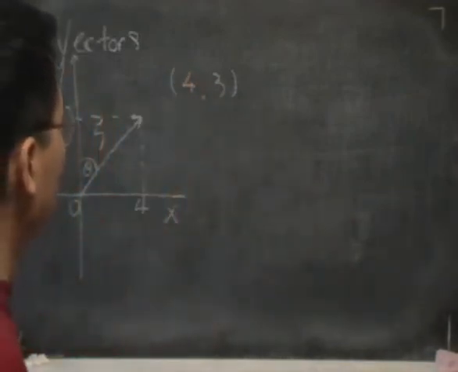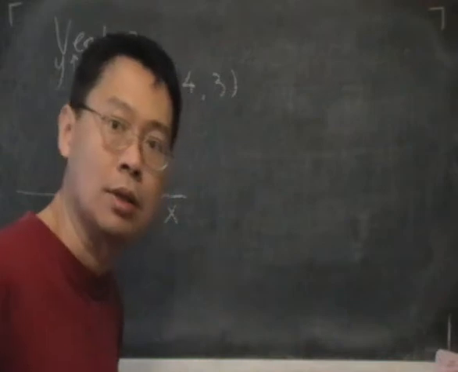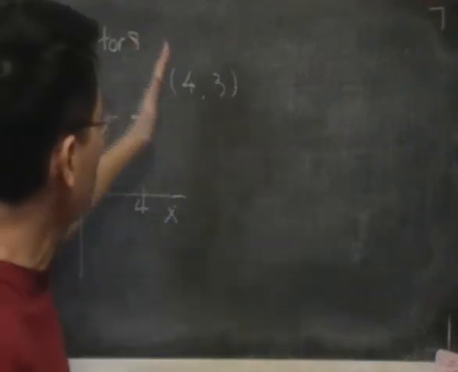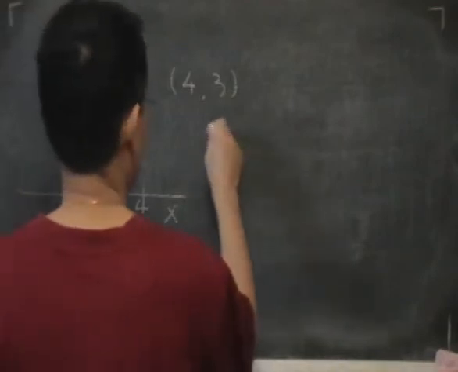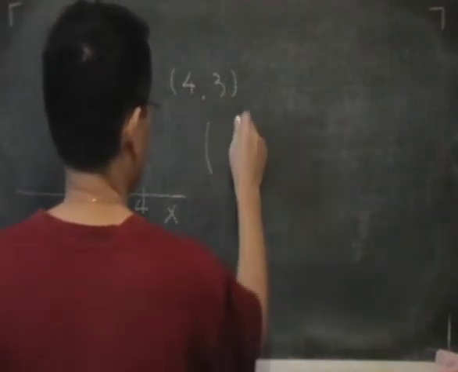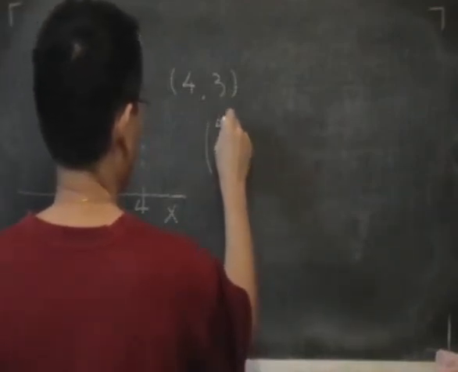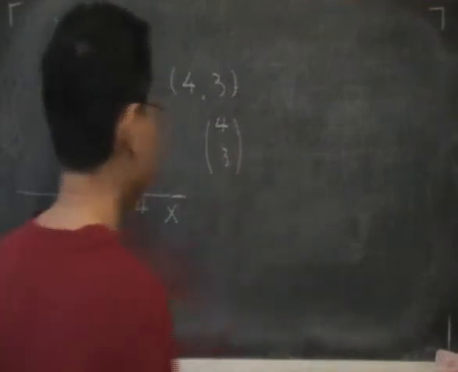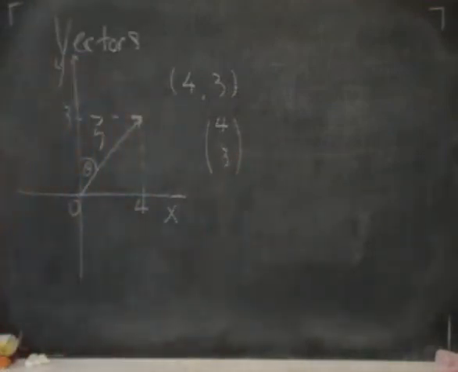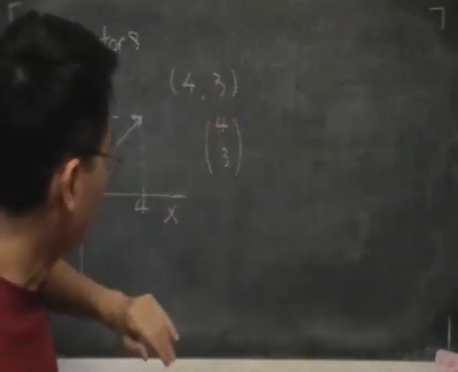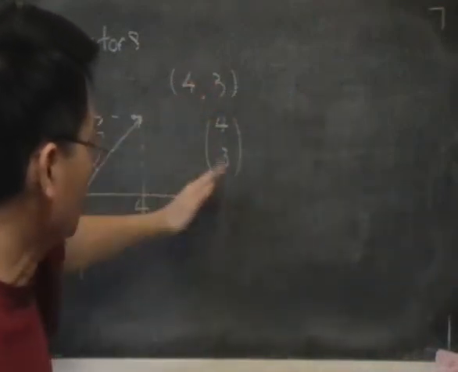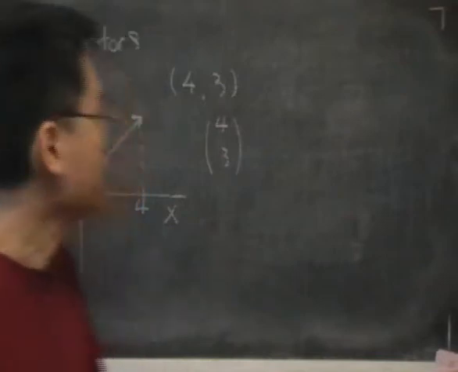So that's like a matrix with 2 columns and 1 row. Right? Another way that is also often used is by writing 4 and a 3 below that. Okay, and that's a matrix with 2 rows and 1 column.